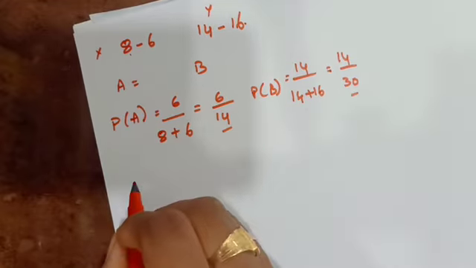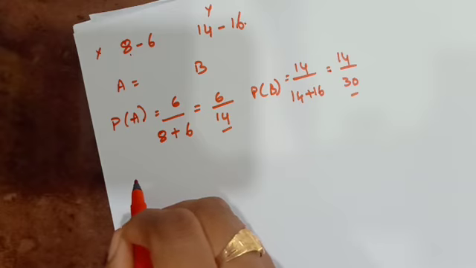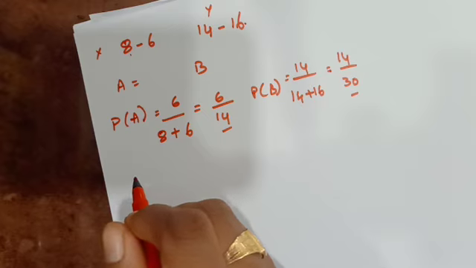So here we have two questions. What is the chance that the problem will be solved if they both try independently of each other?